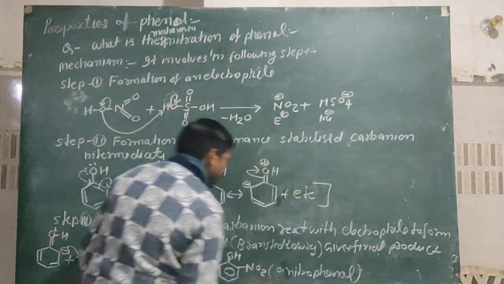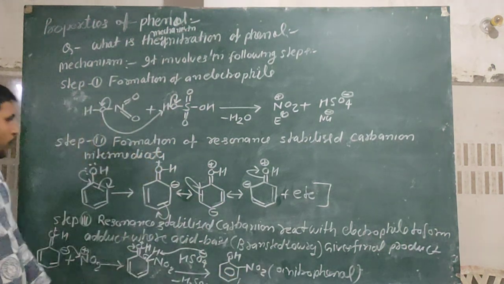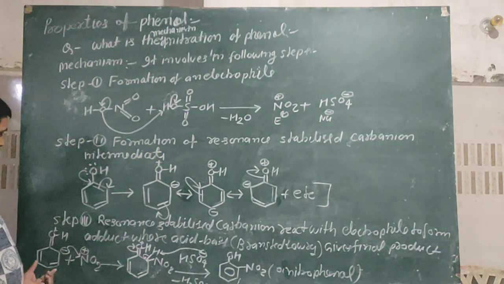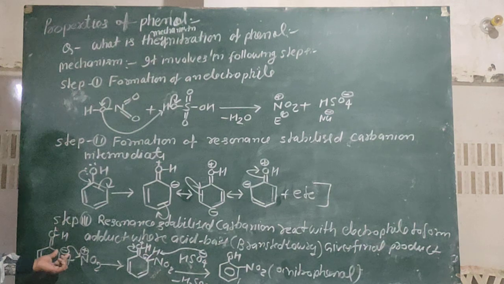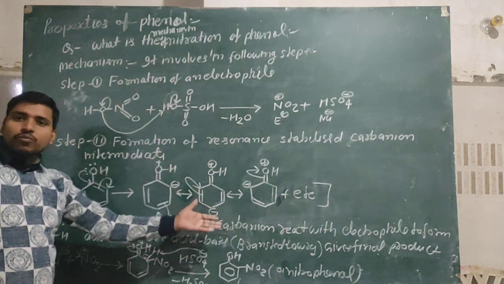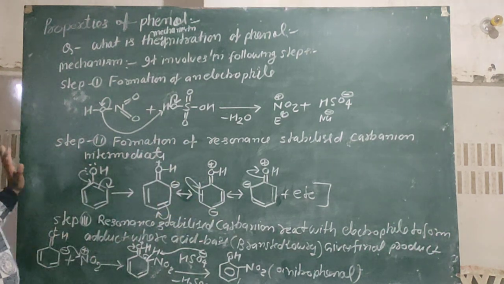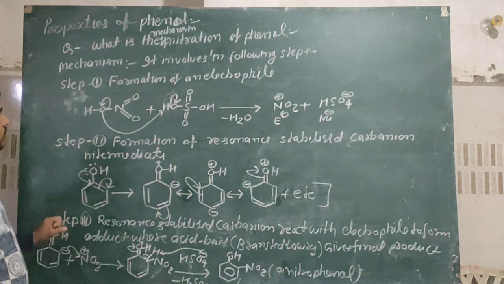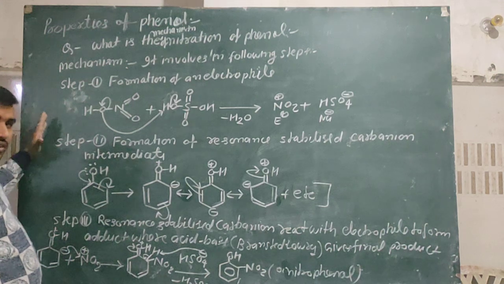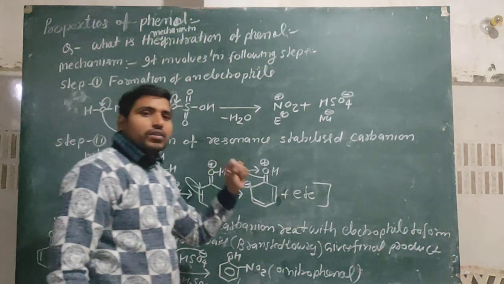It is the main product of the reaction. Okay, if we take here the para carbanion, then we can form para-nitrophenol. Okay, it is the main reaction of the mechanism of the nitration of phenol.